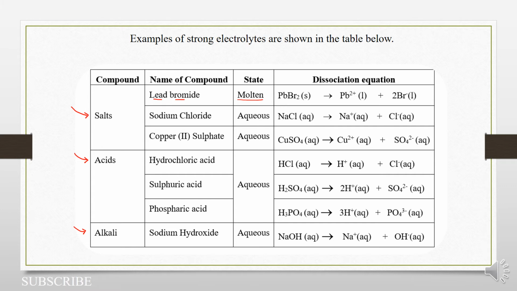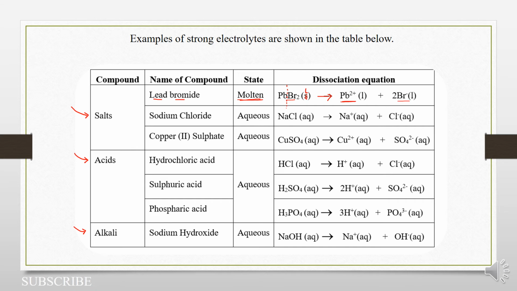So when we pass electricity through molten lead bromide, let us put L instead of solid to show that it's liquid, it will be split, or it will dissociate, meaning split into the corresponding ions, the lead 2 ions and bromide ions. So this is what we mean by a substance in molten form that will always dissociate or ionize fully.